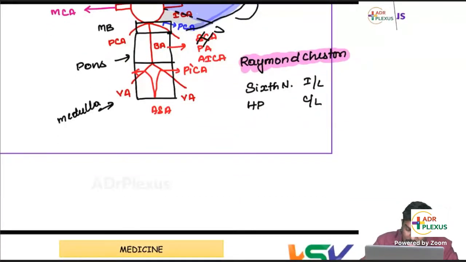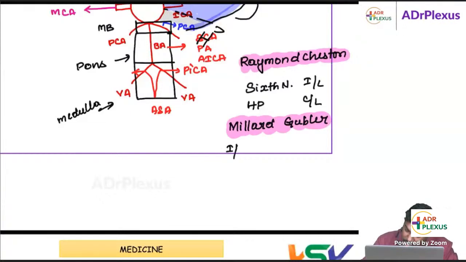Then another one is Millard-Gubler syndrome. What is this Millard-Gubler syndrome? Millard-Gubler is ipsilateral sixth nerve and seventh nerve with contralateral hemiparesis.